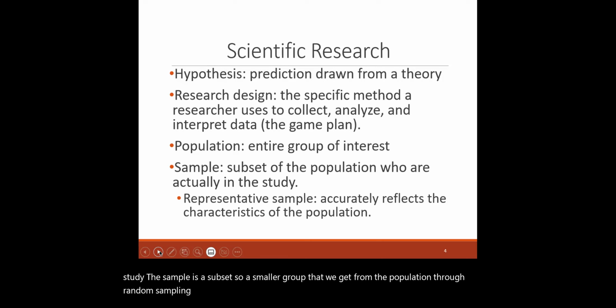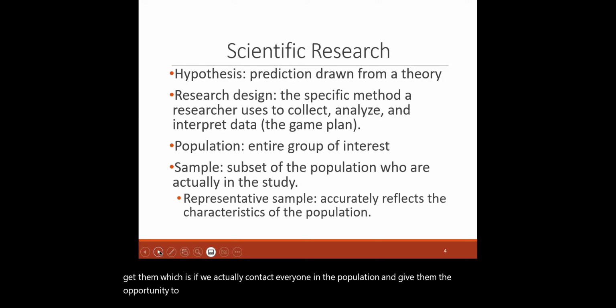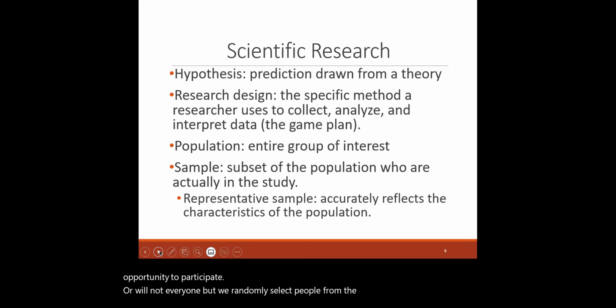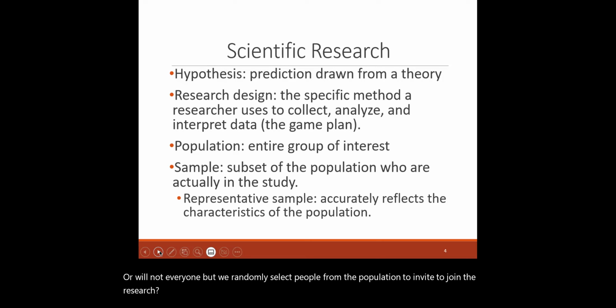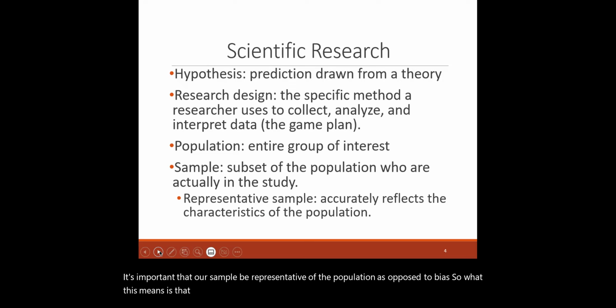I mean, we don't always get our samples that way, but that's the best way to get them, which is if we randomly select people from the population to invite to join the research. It's important that our sample be representative of the population as opposed to biased. So what this means is that our sample reflects the characteristics of the population at large.